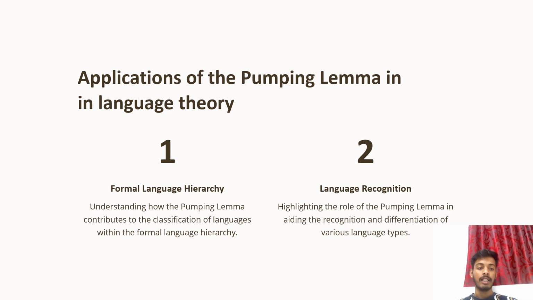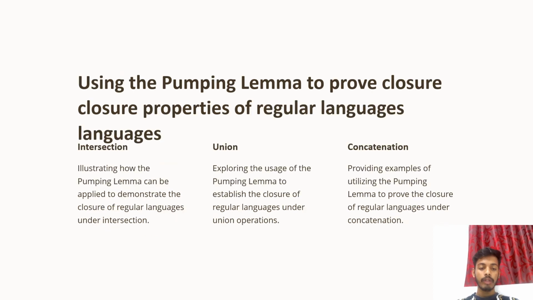Moving on, using the pumping lemma to prove closure properties of regular languages. The first one is intersection, the second is union, the third is concatenation. Intersection: illustrating how the pumping lemma can be applied to demonstrate the closure of regular languages under intersection.